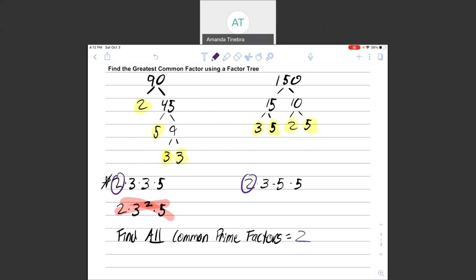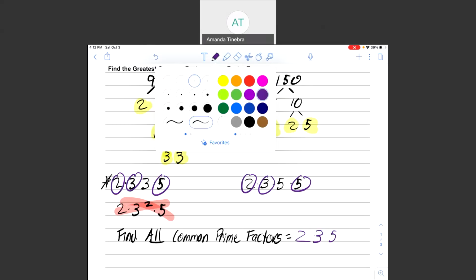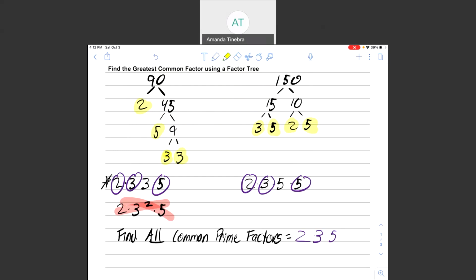So I have a 2. 3 is common. And I have a 5 that is common. This 3 I can't take because it doesn't have a pair on the other list. And this 5 I can't take because it doesn't have a pair on the other list.